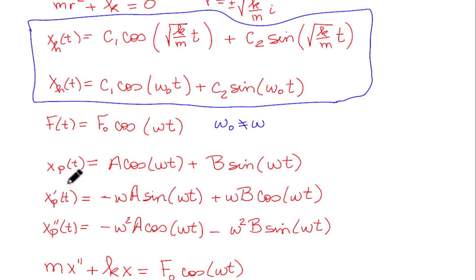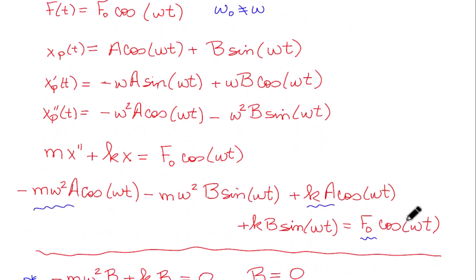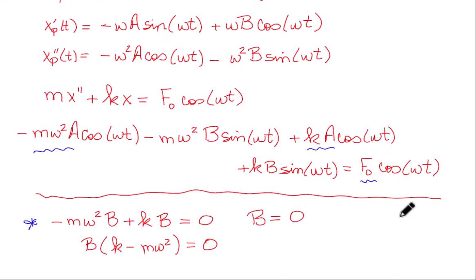So I calculate x prime, x double prime, plug all this into our equation, and now it's a question of matching coefficients for undetermined coefficients. So let's see, I've got the cosine in two places and on the right hand side.